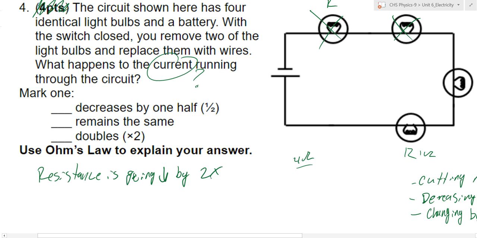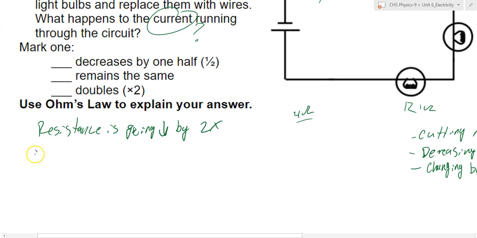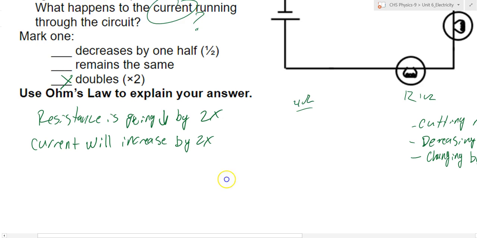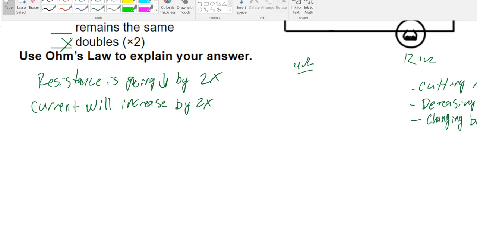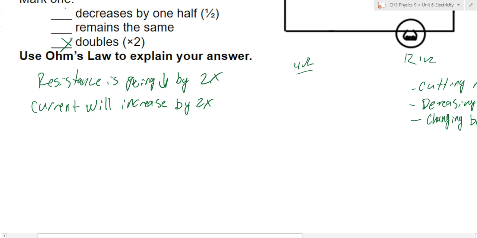Okay, so if resistance is going down, that means that the current will increase by 2 times. Okay, so we would say that it doubles. And then we have to use Ohm's law to explain our answer. So I'm going to use my words to describe this. If you want to use numbers, you can see my previous example on how to do it with numbers, but I'm going to say that you're probably just going to want to use your words to describe this.